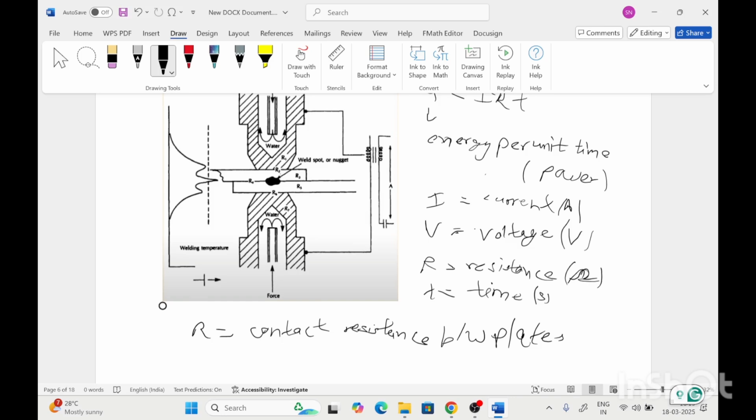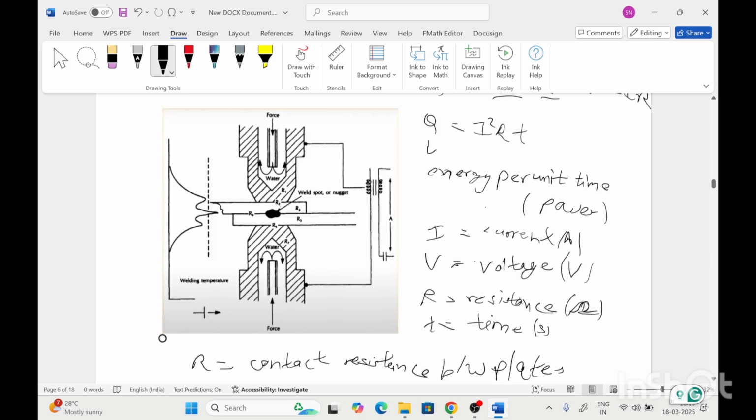For that, in this schematic, if we see, this is the water cooled copper electrode. Cooling is provided, because there is some contact resistance between the electrode and the welding plates also.